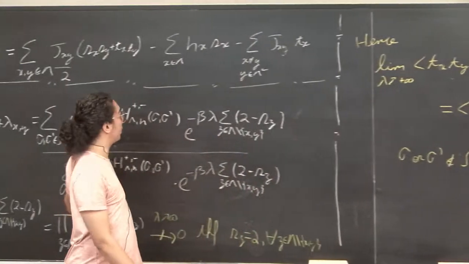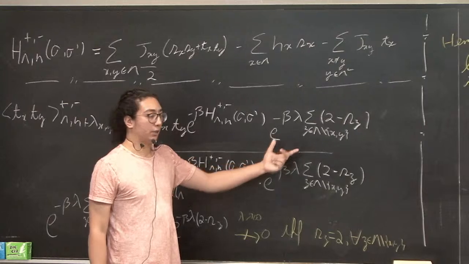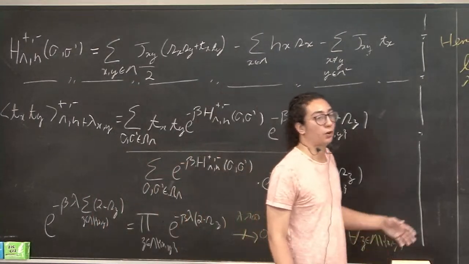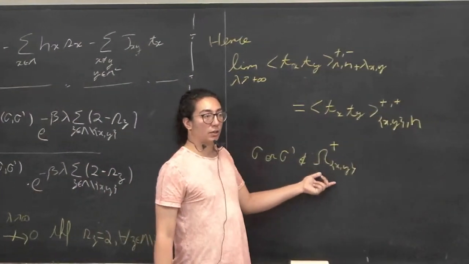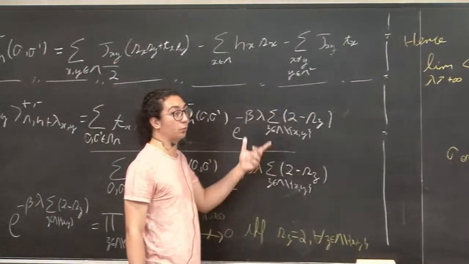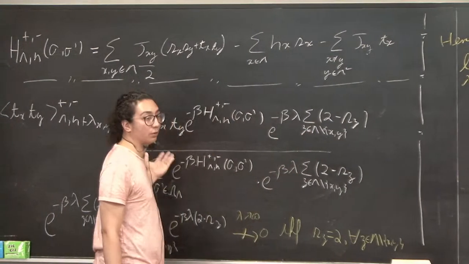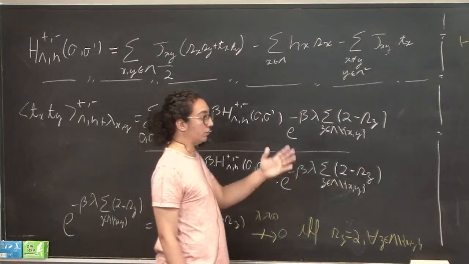So the term in the sum will vanish, because this term is going to go to 0. In the end, you kill all the configurations that are not of this form, and all the configurations left are the configurations here. And for the configurations here, this term is 0, this is 1, and you are left with the original Hamiltonian and the original system. So that's why this limit exists.